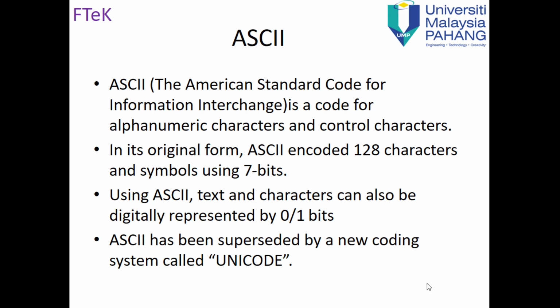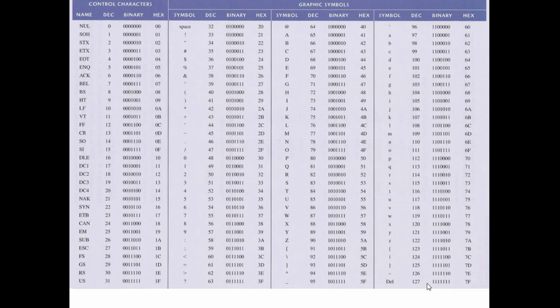It's used to encode 128 characters and symbols using 7 bits. ASCII can be represented using binary numbers, so using 0 and 1. ASCII has been superseded by a new coding system called Unicode, so nowadays ASCII is rarely used. What we use nowadays is Unicode.